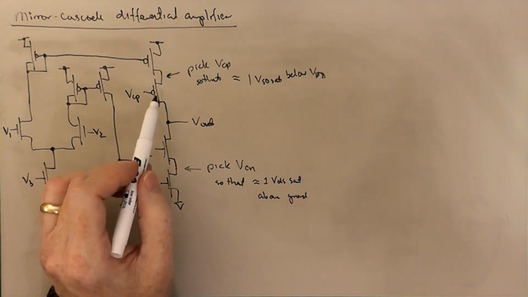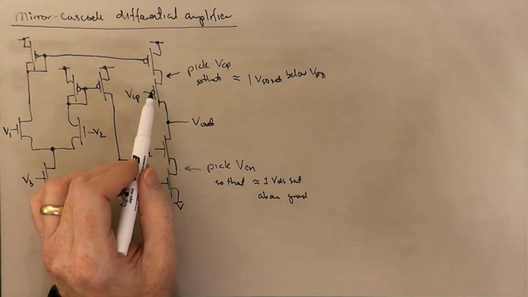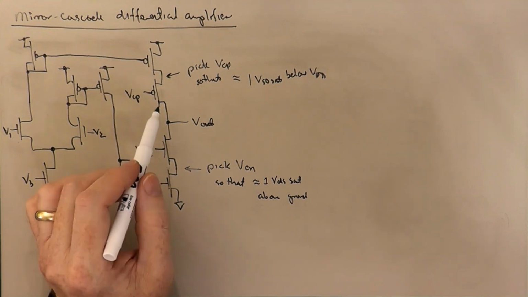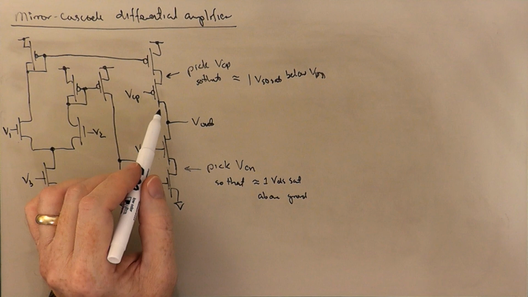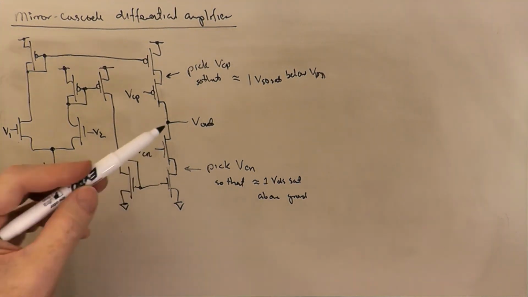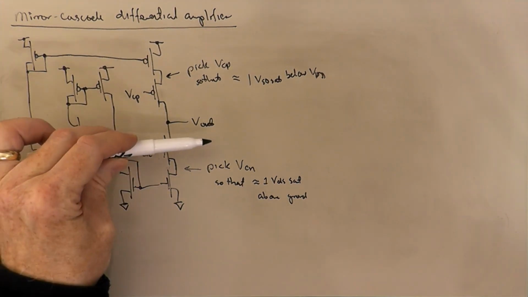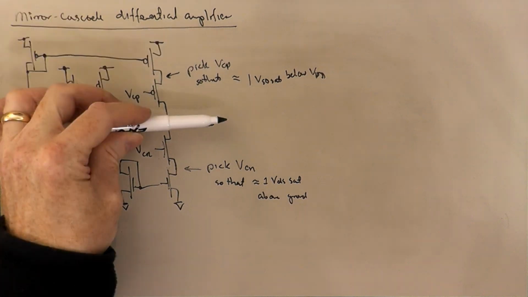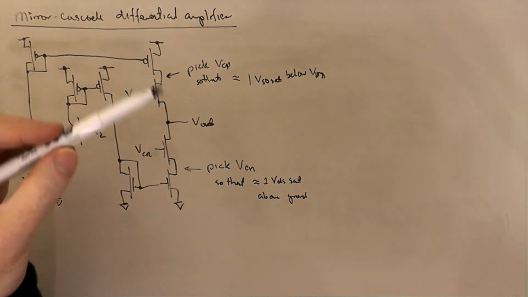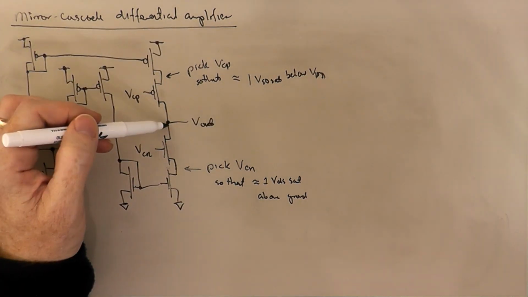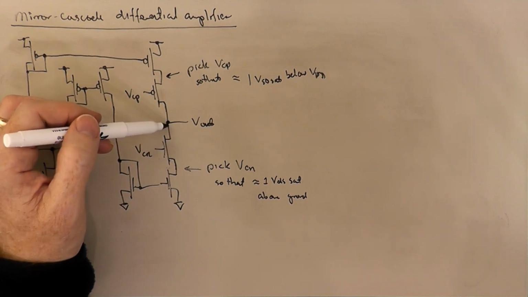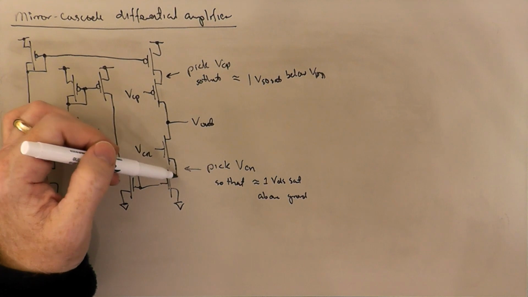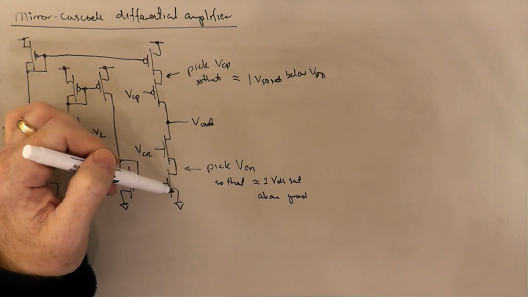Because we need both of these transistors to be operating in saturation in order for the enhanced output resistance to be true. And so as Vout starts either swinging toward VDD or swinging toward ground, basically we want the cascode transistor to fall out of saturation at the same time as this transistor does.